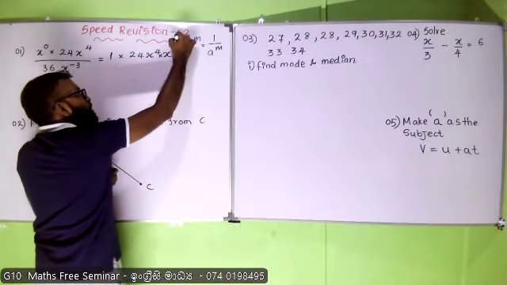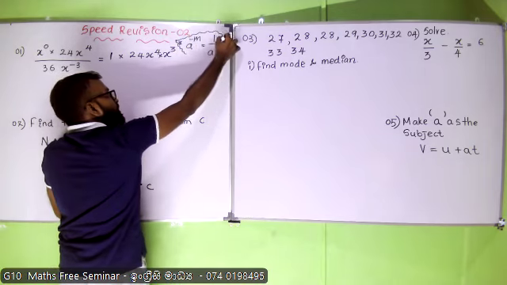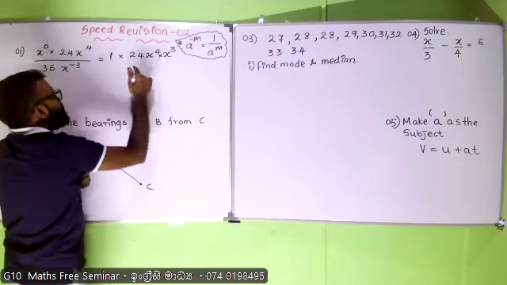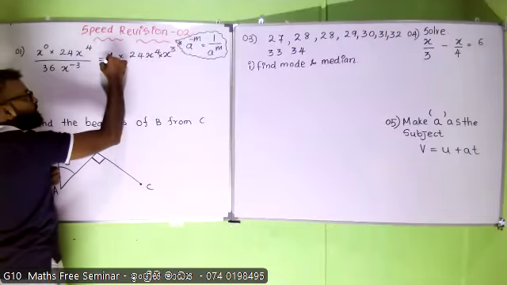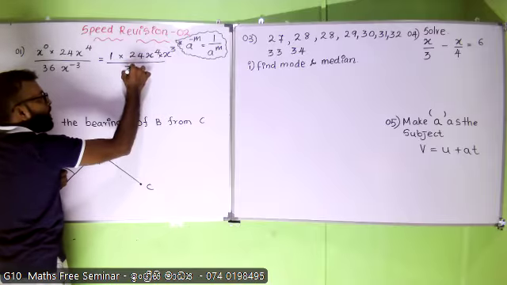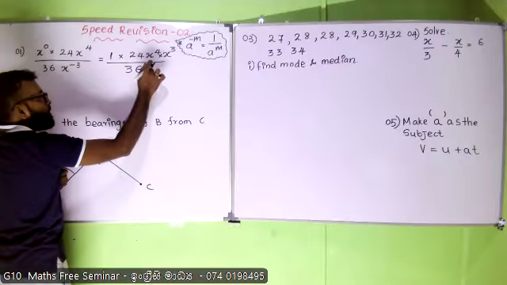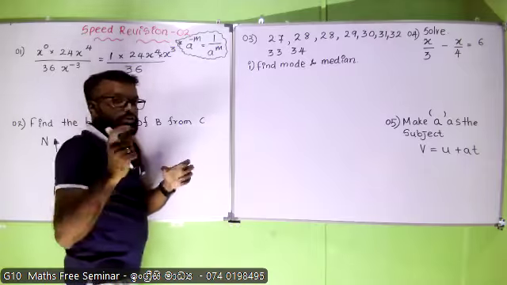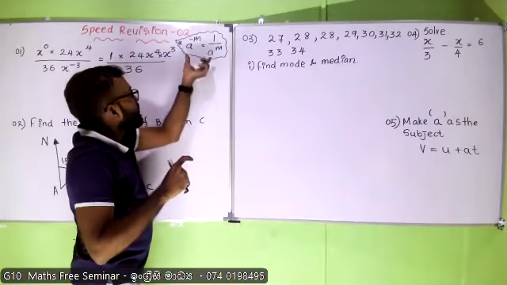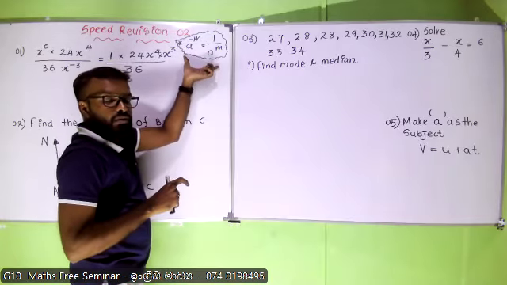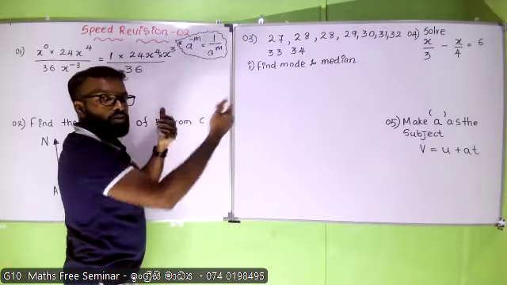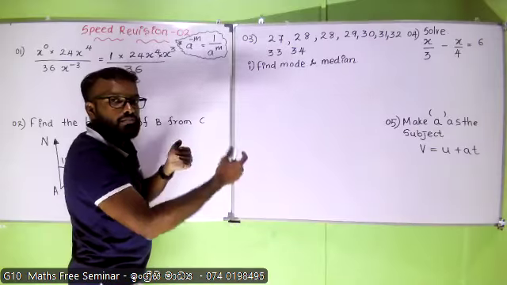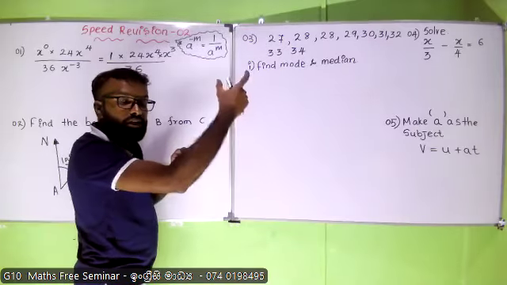It would be better if you can write these theories. These are the important things that you can remember, right? In the denominator you have 36. In the speed revision, the purpose is to write these things in front of the question, very clearly.